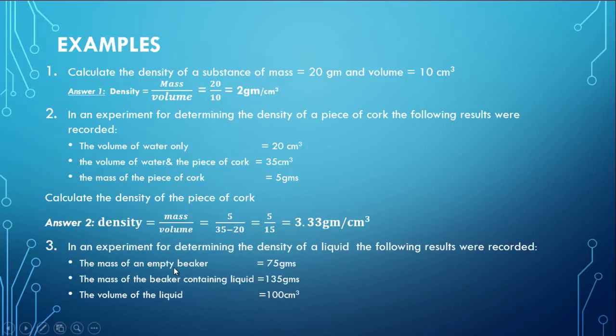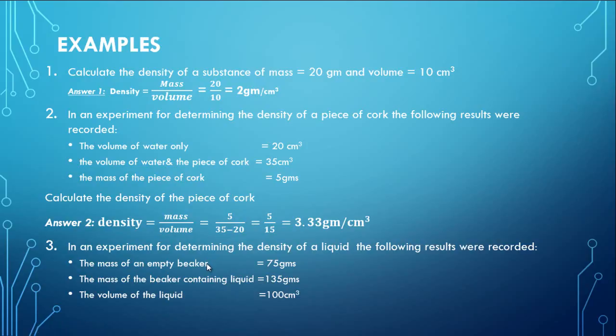In another problem, by determining the density of a liquid, the following results were recorded. The mass of an empty beaker equals 75 grams, which is mass 1. The mass of the beaker containing liquid equals 135.